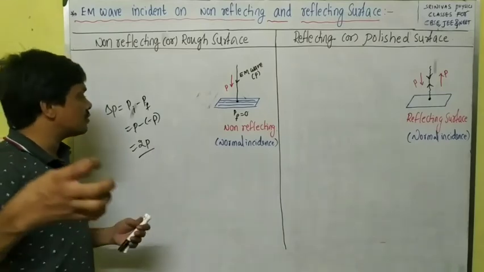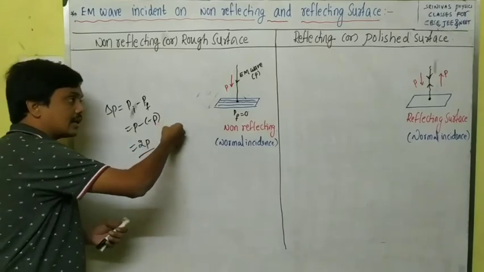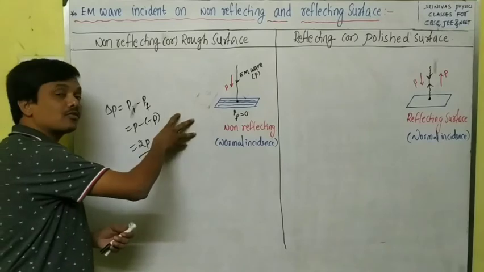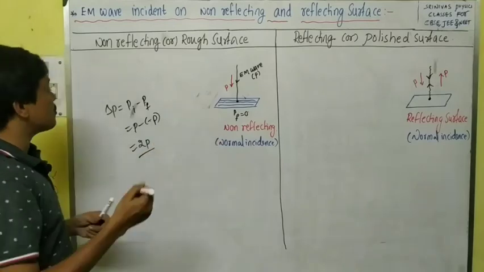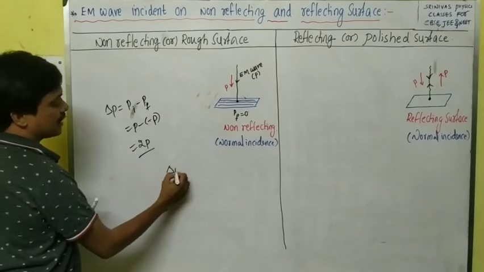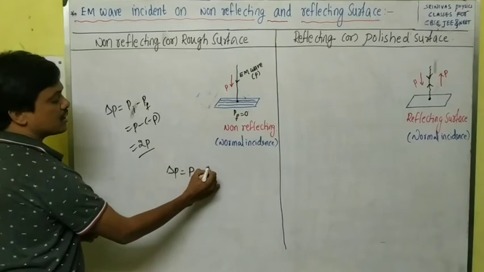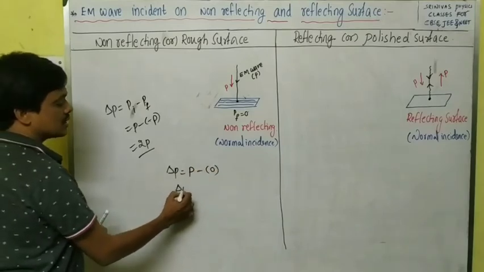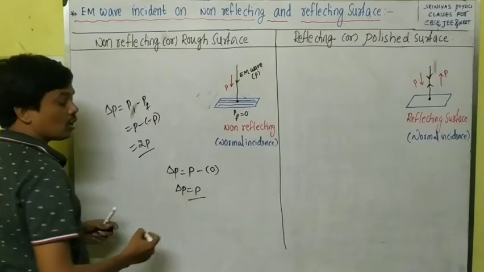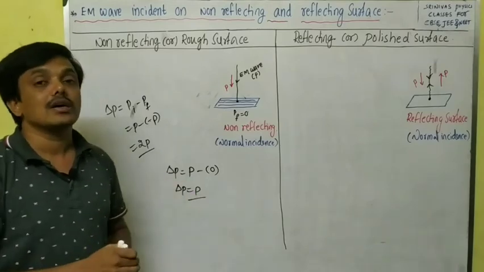Initial momentum is P, but after striking the wall, the ball is stuck to the wall. That means its final momentum is 0. That is called non-reflecting, right? For that, the initial momentum is P, but there is no final momentum because finally the ball comes to rest. So the change in momentum is P. How much momentum changes, that much momentum is delivered to the surface.